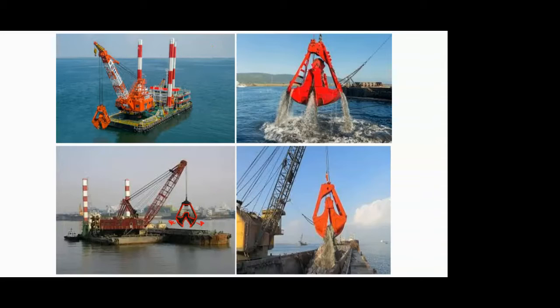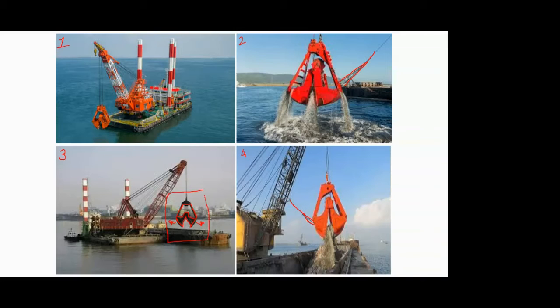You can see in this, if I just number the photos so that it will be easy for explanation. Okay, so in photo number 2 and 4 you will see predominantly those wires. These are the wires which are connected to just a single part or one half of the grab bucket or clamshell.